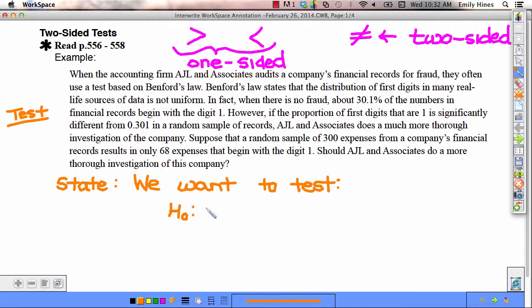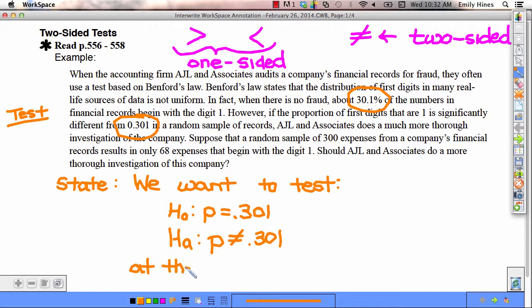The null would be that the proportion is equal to 0.301, because it's a statement of no difference. If this is what the proportion of first digits usually is, then that's what it should be in the records they're looking at. And then we have the alternative, which is just that it's something different. Not necessarily that it's less than, not necessarily that it's greater than. We just know that it should be different.